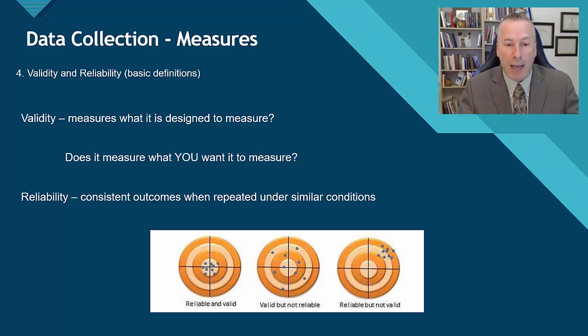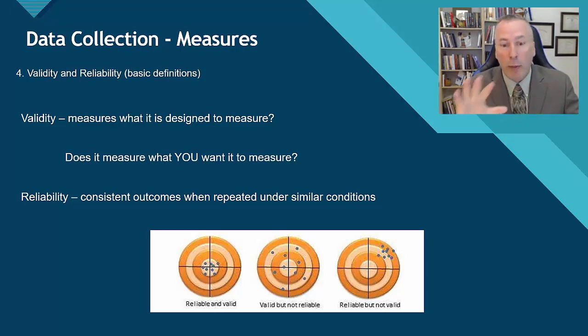This graphic that I have for you here is a very simplistic example of the difference between reliability and validity, but it works. For instance, when looking at this target, we see it's reliable and valid if not only it's hitting the target, which would be valid, but it's also hitting in that same place. That's reliability.